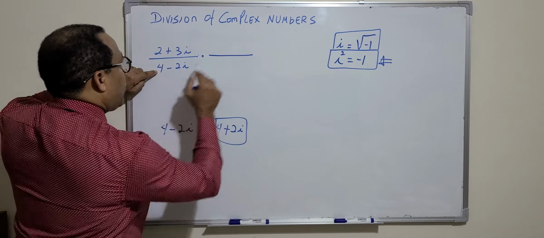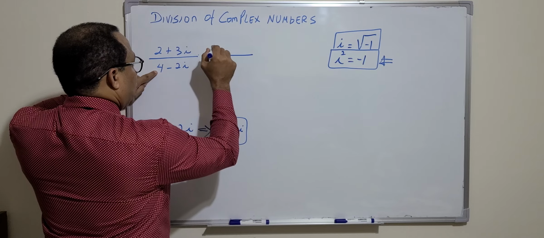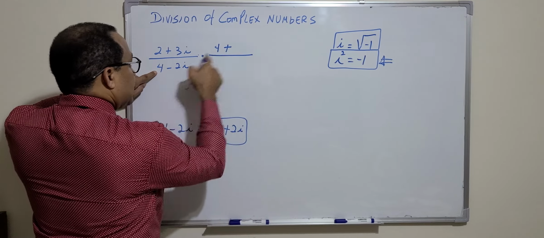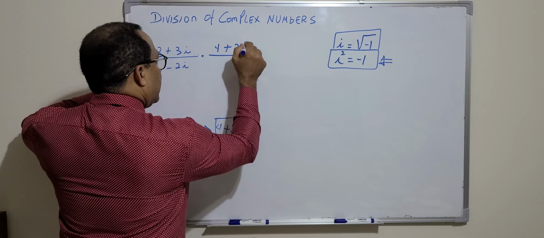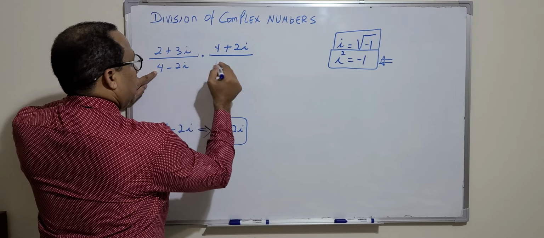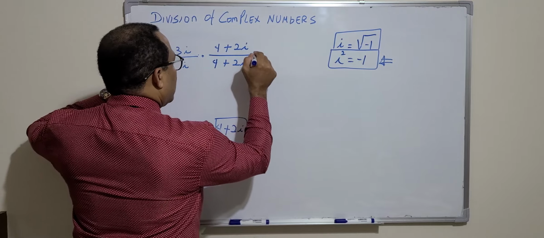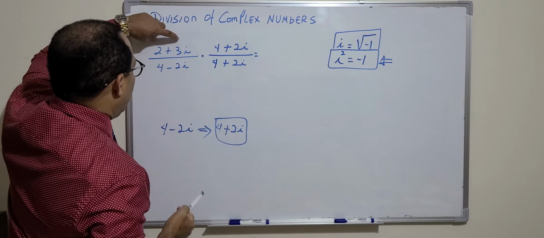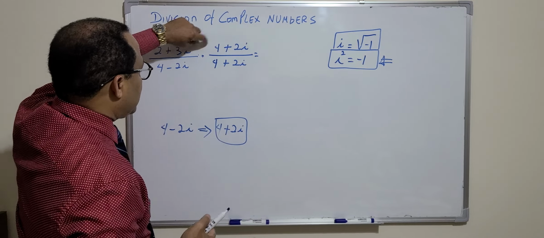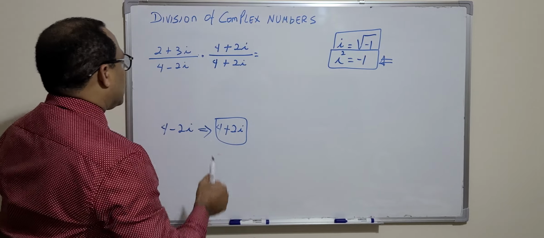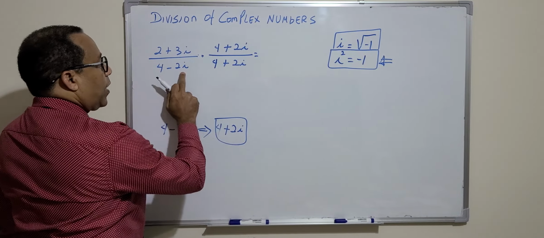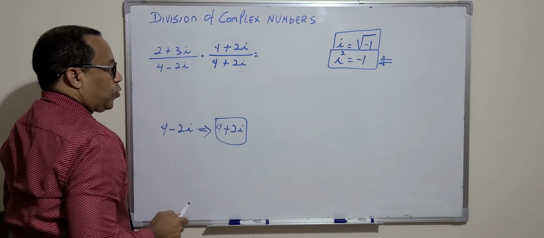It means that I'll be multiplying in the numerator by 4 plus 2i, and also in the denominator I'll be multiplying by 4 plus 2i. So what I'm doing here is multiplying 2 plus 3i times 4 plus 2i, and I'm also multiplying 4 minus 2i times 4 plus 2i.